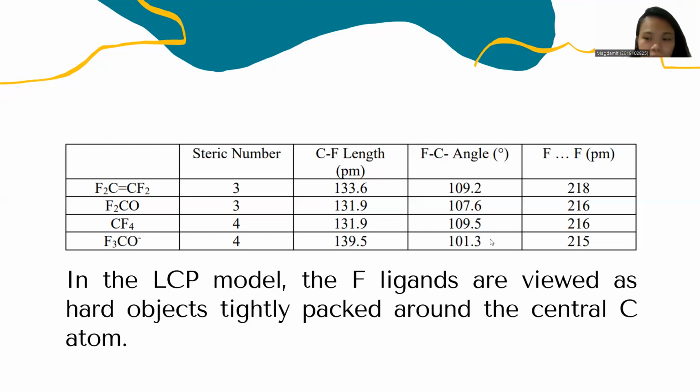In this problem, the LCP model views the fluorine ligands as hard objects that are tightly packed around the central carbon atom. The fluorine-fluorine distance remains nearly constant while the central atom moves in order to minimize repulsion.